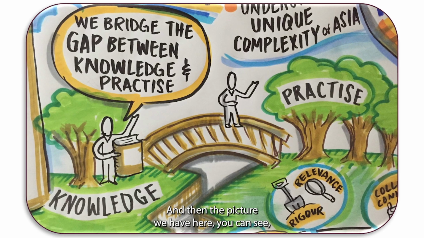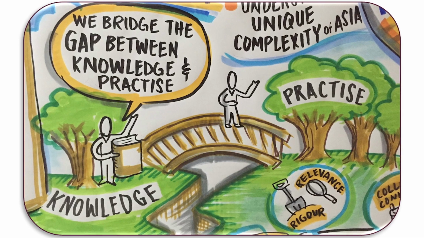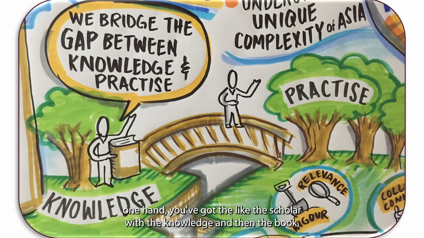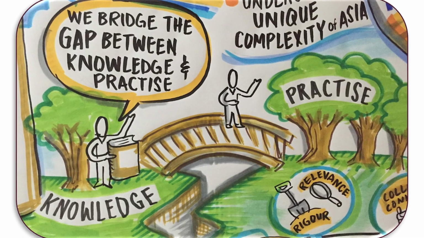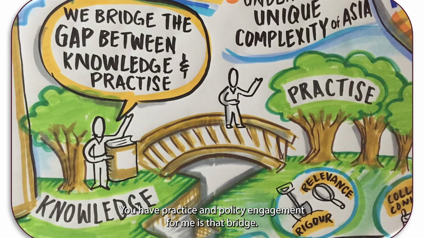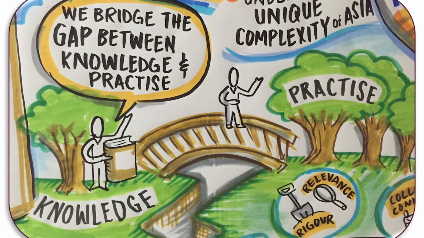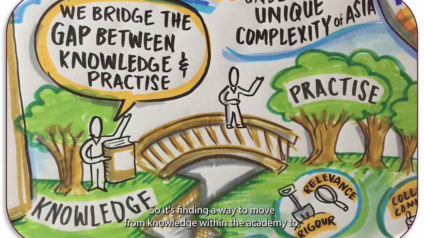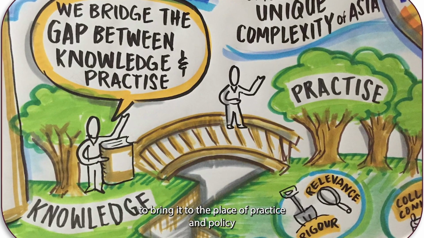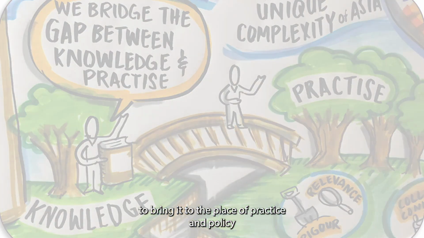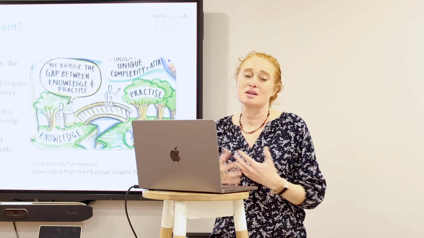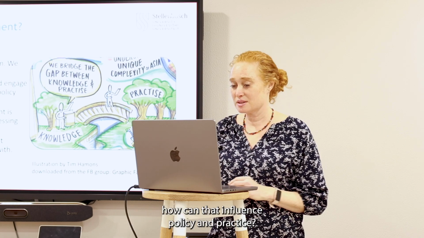In the picture we have here, you can see on the one hand the scholar with the knowledge in the book, and then a bridge. On the other side you have practice, and policy engagement for me is that bridge. It's finding a way to move from knowledge within the academy to the place of practice and policy making, and seeing how the knowledge that we generate can influence policy and practice.